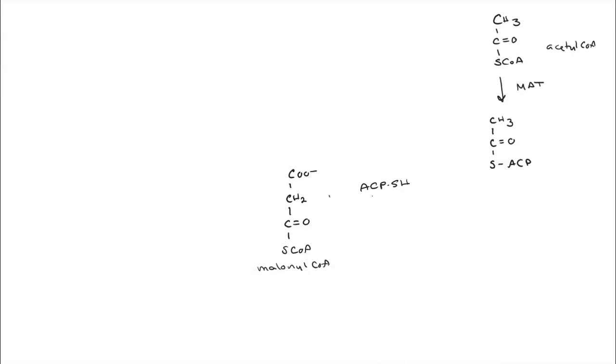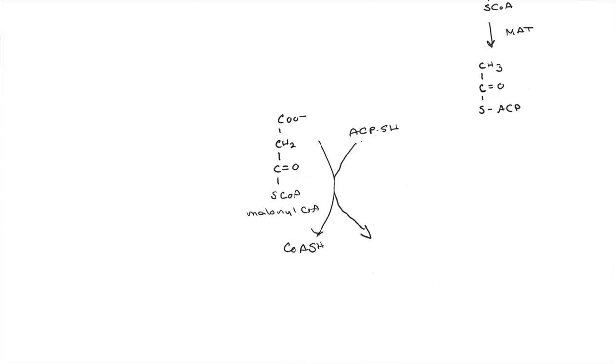And this is going to kick off the coenzyme A and give us an equivalent of malonyl-CoA that is now coupled to the acyl carrier protein. This is being facilitated by that same transacylase enzyme MAT that we saw in the first step.